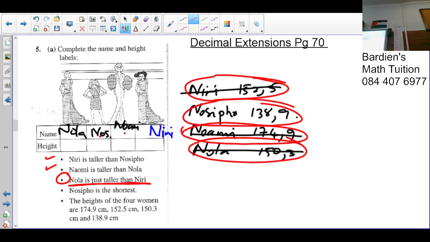Because if I read this, Nola is just taller than Niri, that means to say Nola is not taller than anybody else, to me. But if they wanted to say that Nola is only taller than Niri, or you can say the difference in height is minimal, or the smallest, then I could have considered this part here.